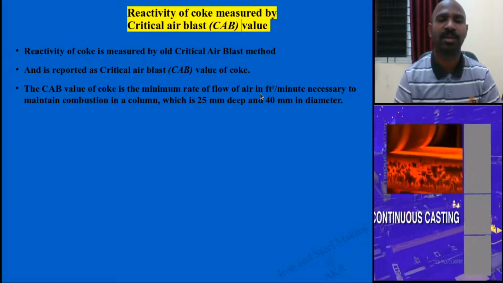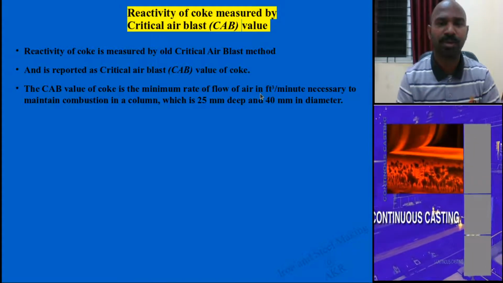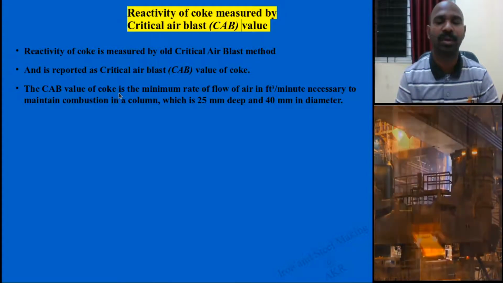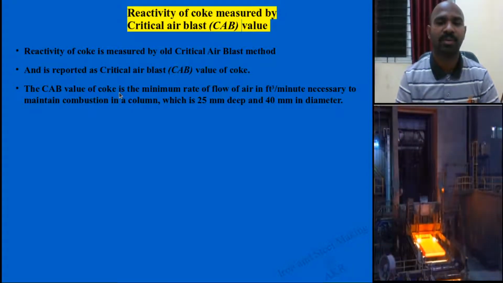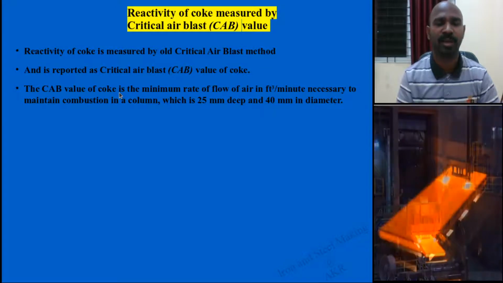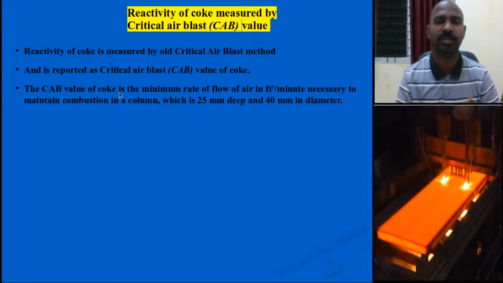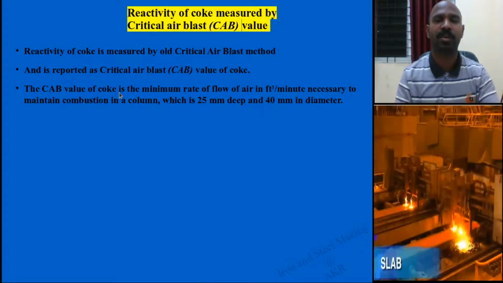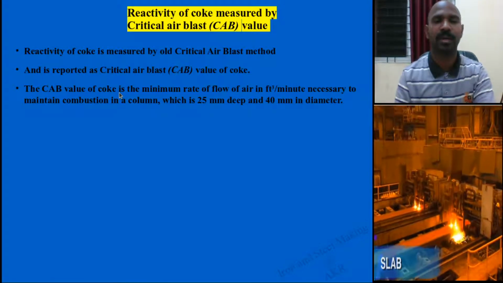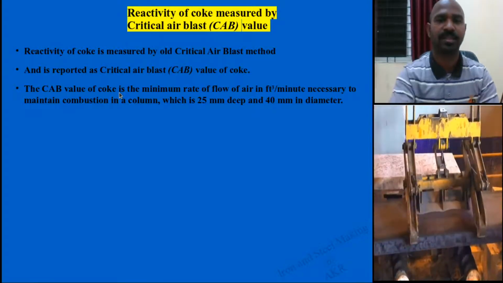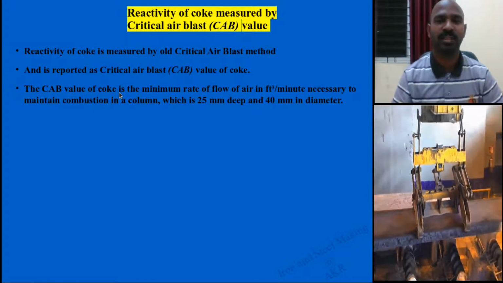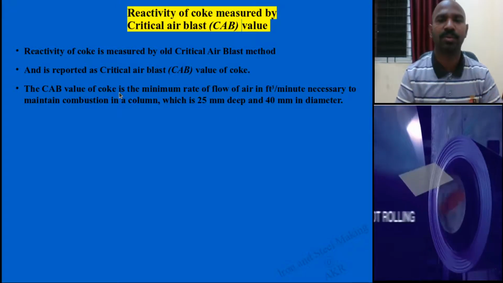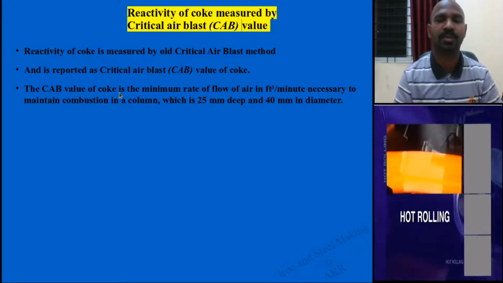value of coke is calculated based on the minimum rate of flow, in terms of feet cube per minute, required to maintain full combustion in the entire column having dimensions of 25 mm deep, 40 mm diameter.